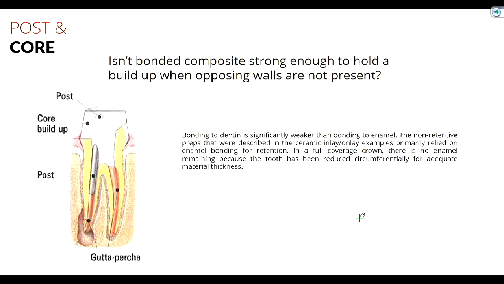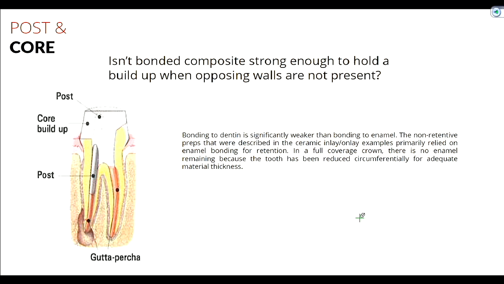Why wouldn't that work? So the key there is the amount of enamel that we have, right? On Monday, when we showed all the examples of your inlay, onlay, what did we emphasize? We said, look at how much enamel is around there, right? And we said you don't need to drop your margins so gingivally, because if you leave it a little bit higher, you get a greater ring of enamel. By the time you prep a crown, all your enamel is removed.